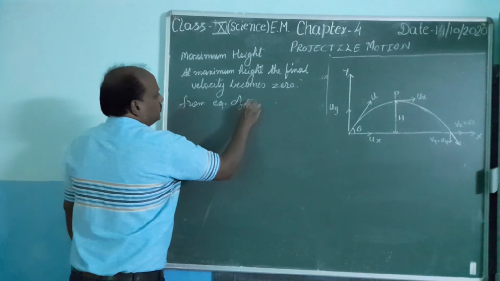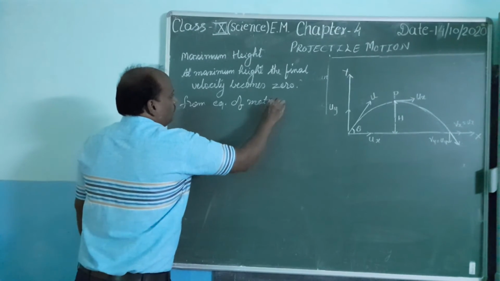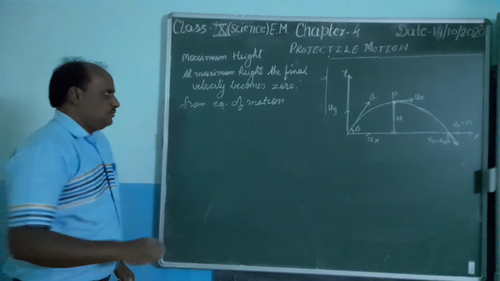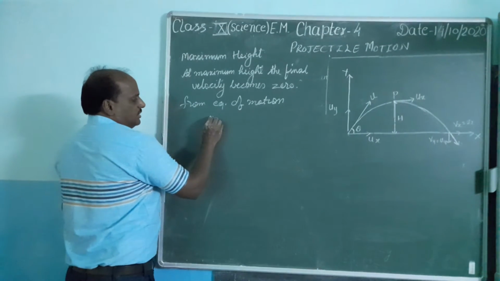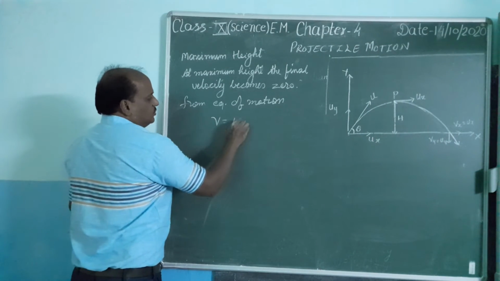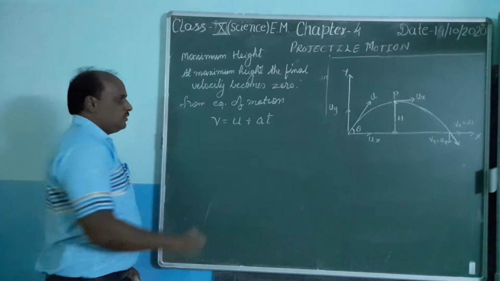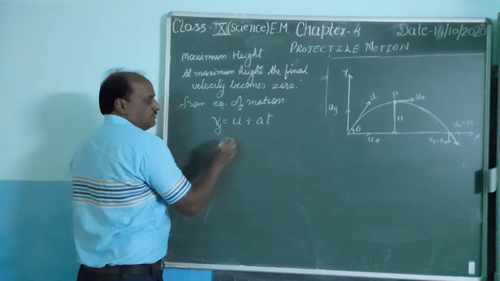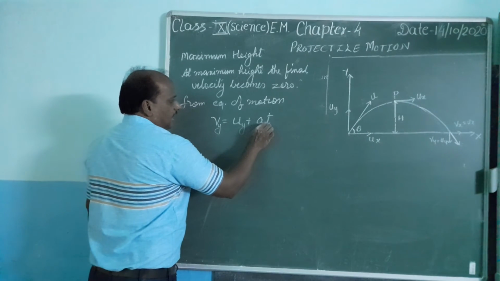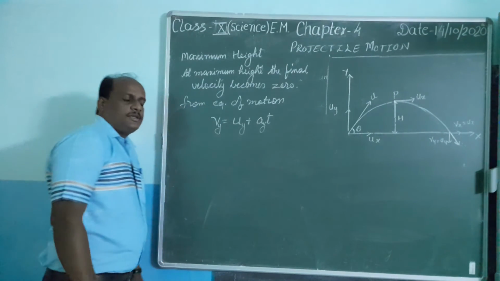From equations of motion, first we will be using the first equation of motion. We know that v equals u plus at. We will be using this for vertical motion, that's why Vy, Uy and Ay.